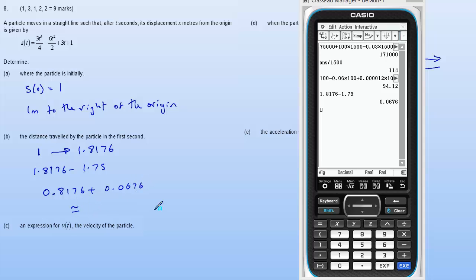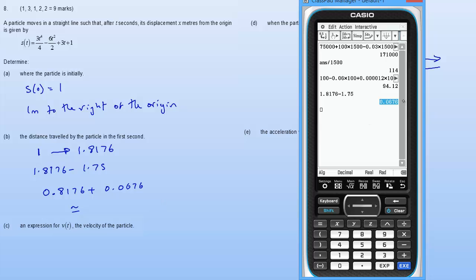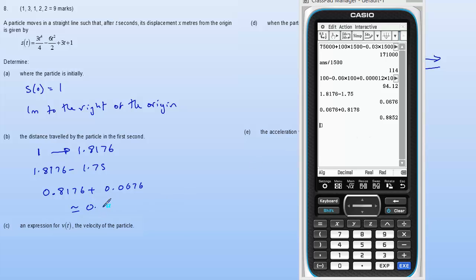So that is going to be, so we'll do that added to 0.8176. I'm going to put this as 0.89 meters to 2 decimal places.